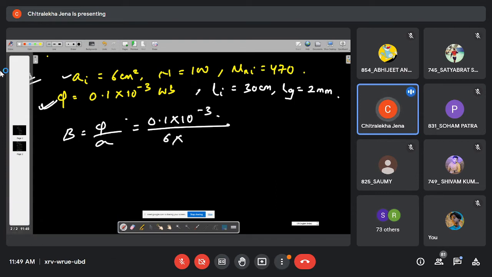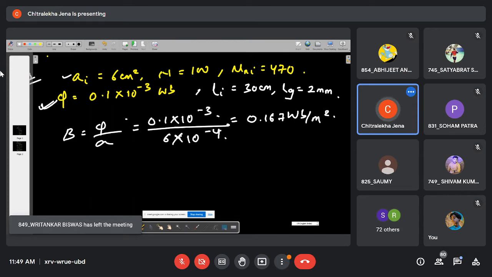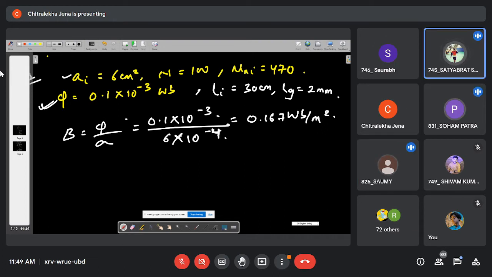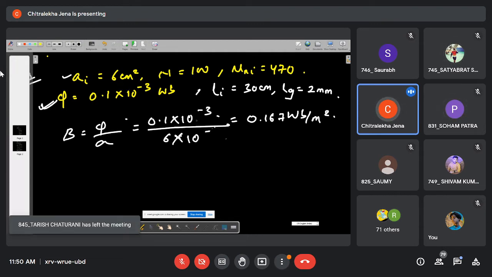Converting centimeters to meters, since it is squared, it is 10 to the power of -4. So B is 0.167.